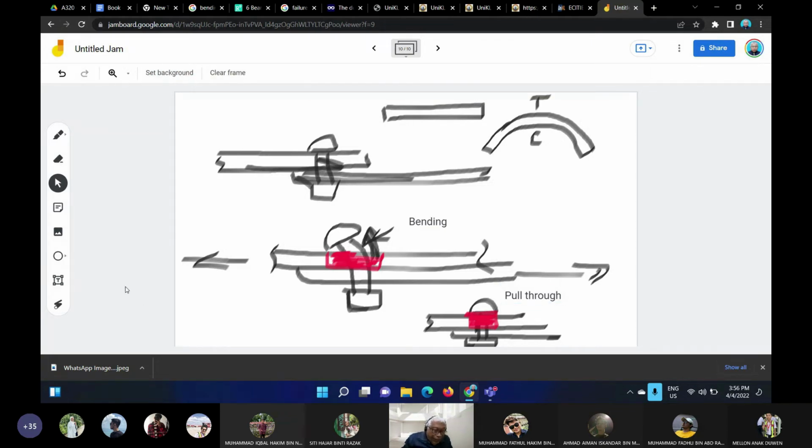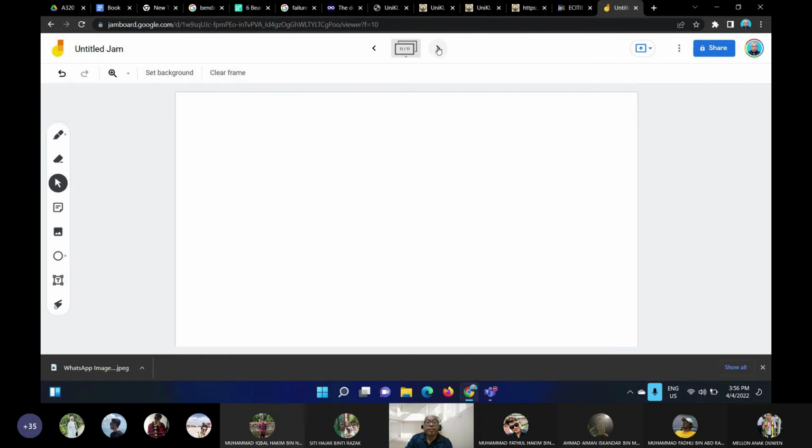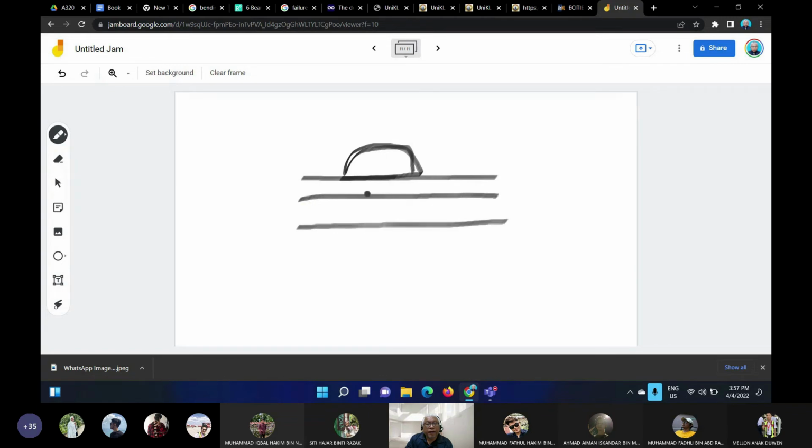How to calculate that? You have to calculate this area around underneath the rivet head. So if we have a head here, I explode the view. And this is the shank of the rivets.